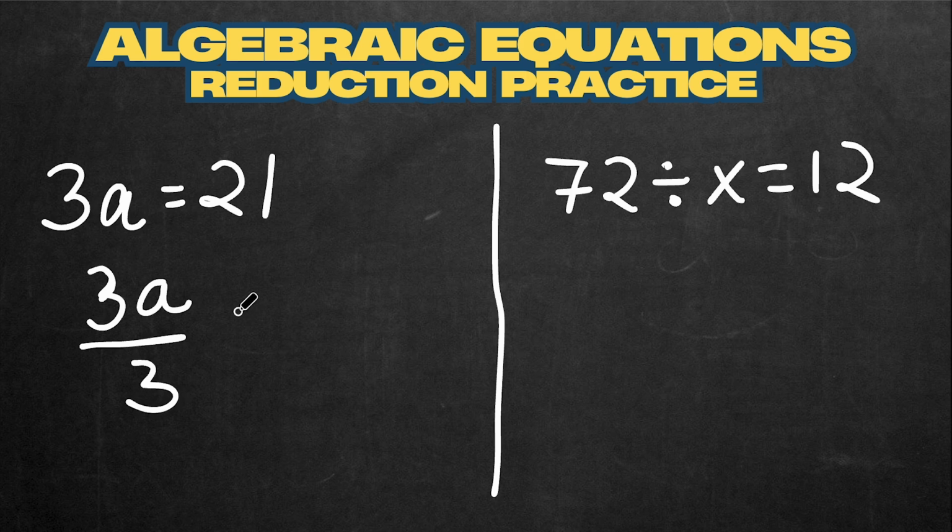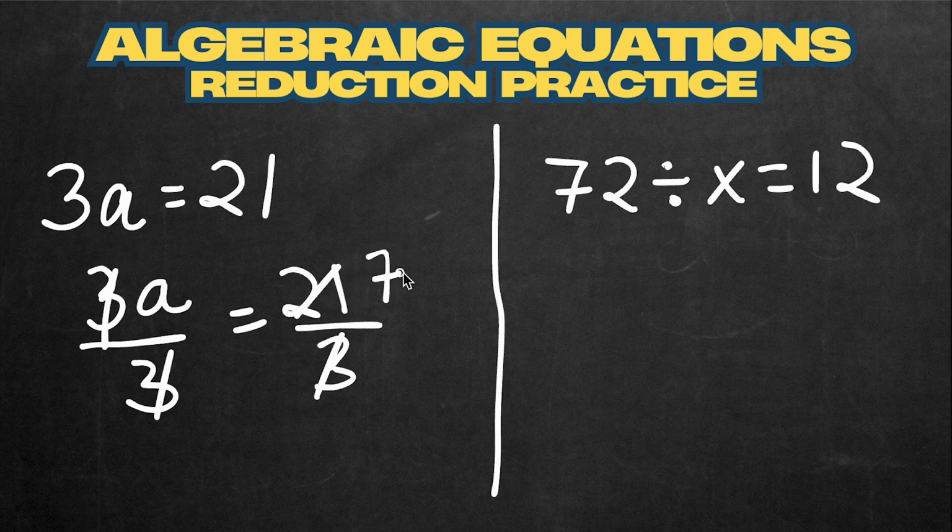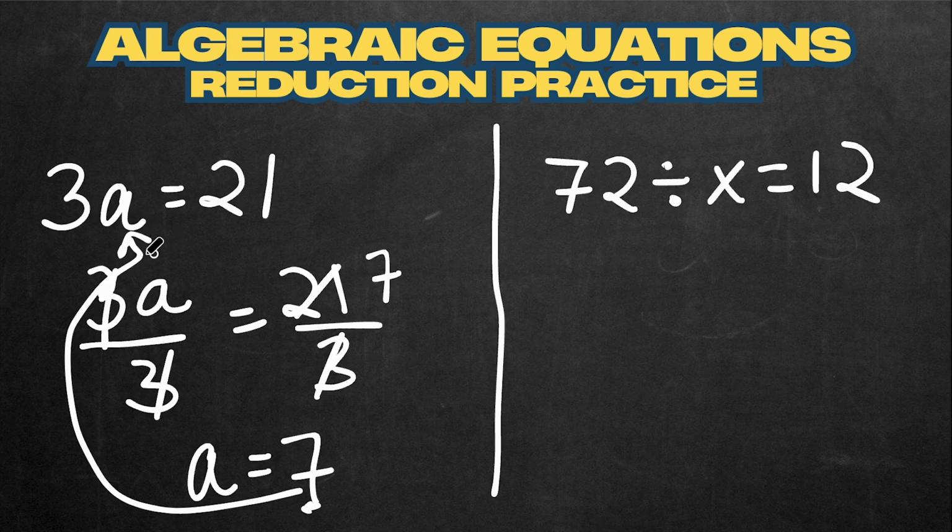So I will divide both sides with this number. You see, both sides divided by the same number, 3. So this 3 will cancel this 3 and this 3 will divide this and it will be 7. So a equals 7. Now also how you can verify, if you put this 7 here, so 3 times 7 will be 21. So both sides are balanced, which means our answer is good.